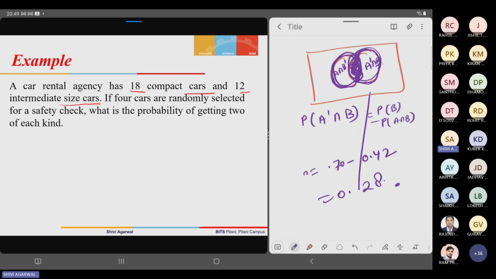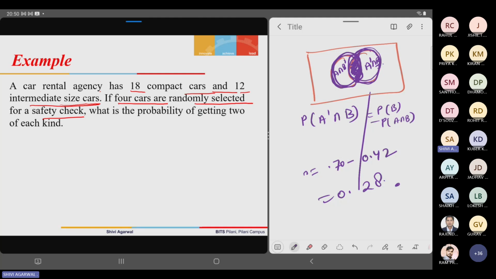A car rental agency has 18 compact cars and 12 intermediate cars. If 4 cars are randomly selected for a safety check, again you just check randomly selected. So what option do we have to choose? Combination. To find the probability, we require the number of favorable cases, so we use combination, because here we are not taking the permutation.